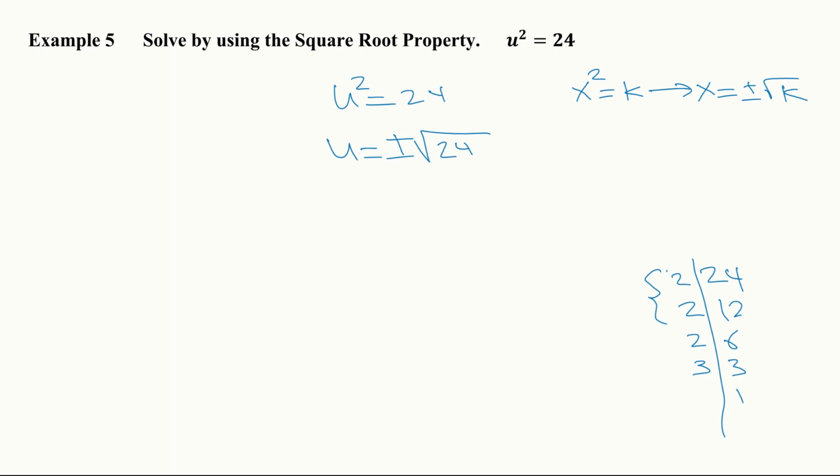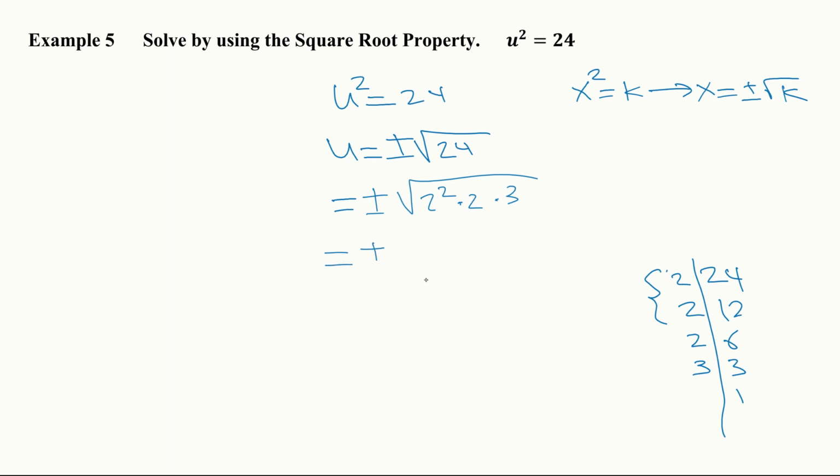So we can write this as plus or minus square root of 2 squared times 2 times 3. Here, if you could do it, you may want to do it in 2 steps so it makes more sense to you. So you can write it as plus or minus square root of 2 squared times 2 times 3.